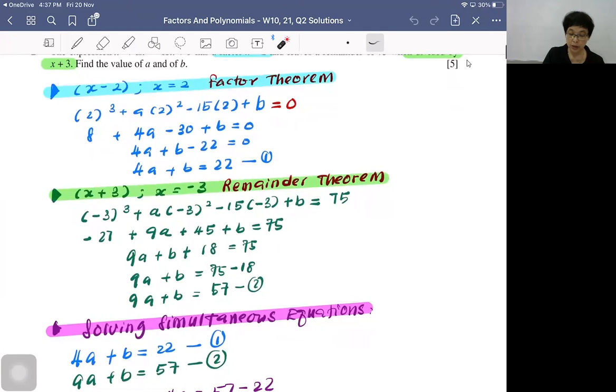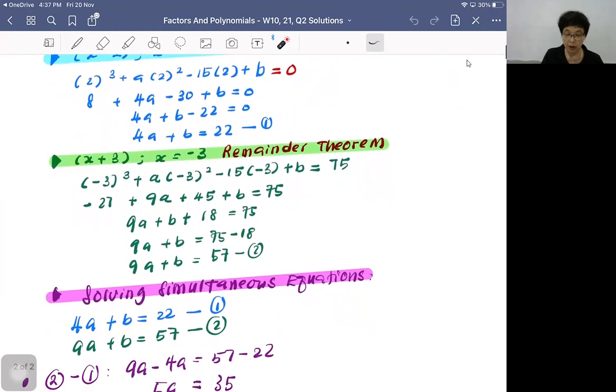Again, this is just a habit that I prefer, to put all the unknowns on the left-hand side and the constant on the right-hand side. Of course, you can leave it in whichever manner you like.